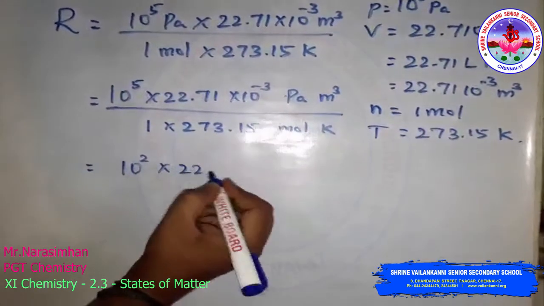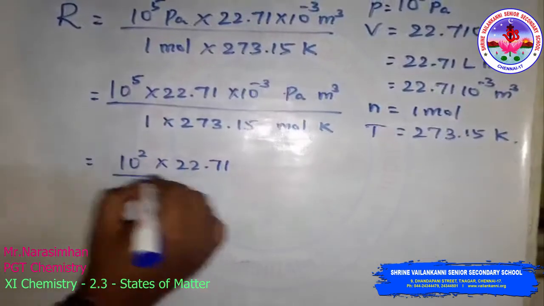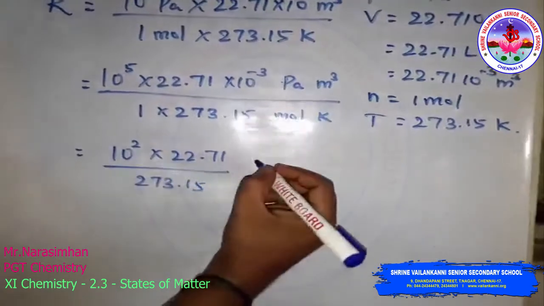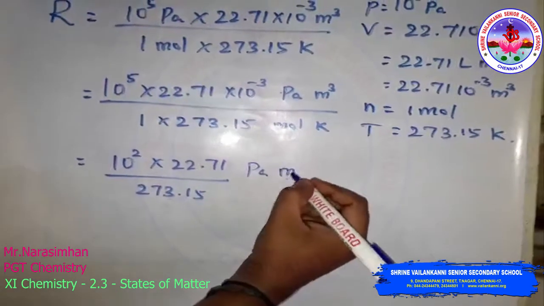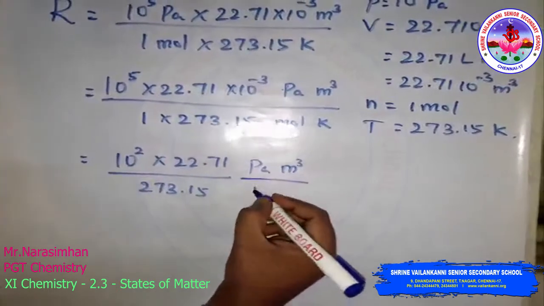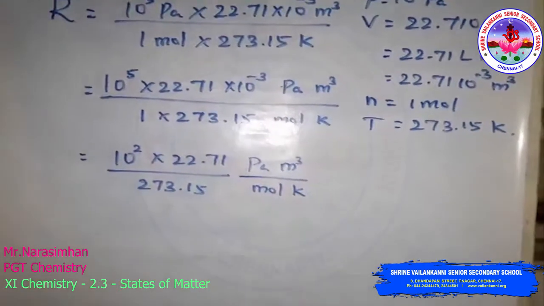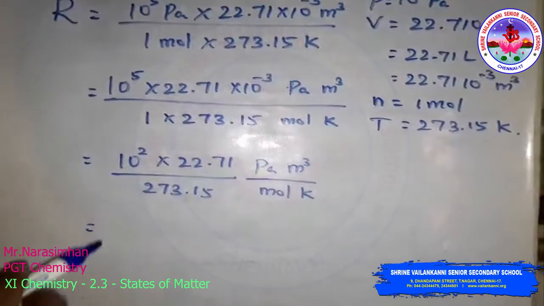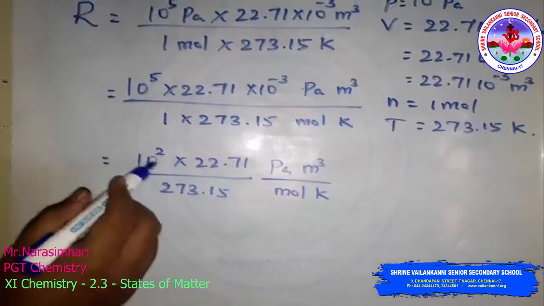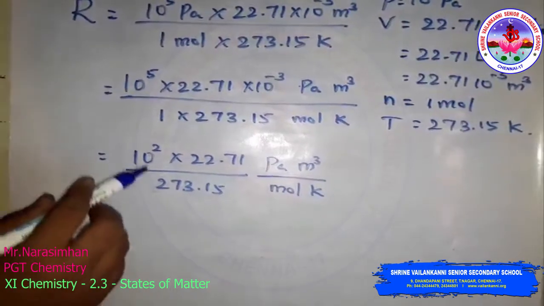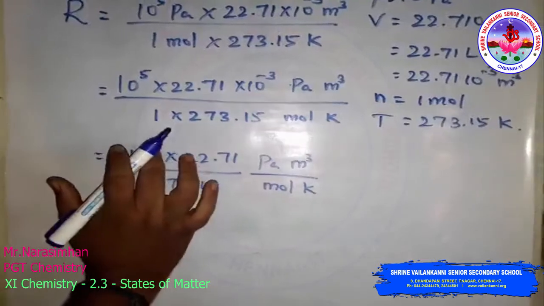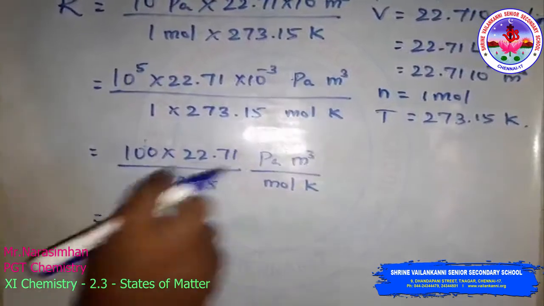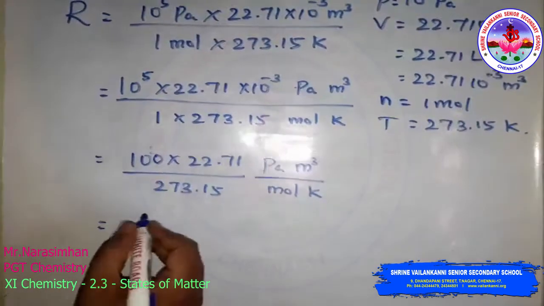So we have 10 power 2 times 22.71 divided by 273.15, with units Pascal, meter cube, mole, Kelvin. Now here you have to take the log. 10 power 2 is 100, and the log of 100 is 2.